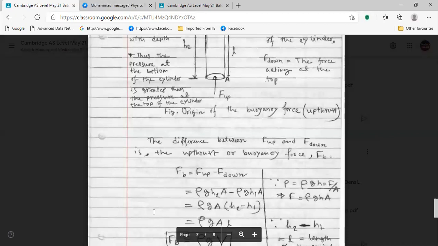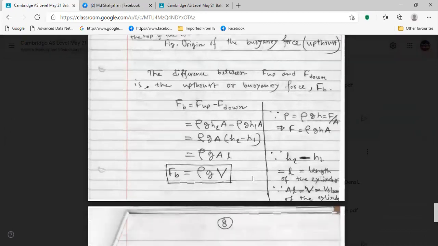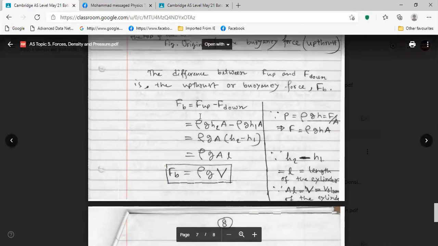So here we have FB, buoyancy force, which is F up minus F down. Okay, buoyancy force. Then we have the relationship.